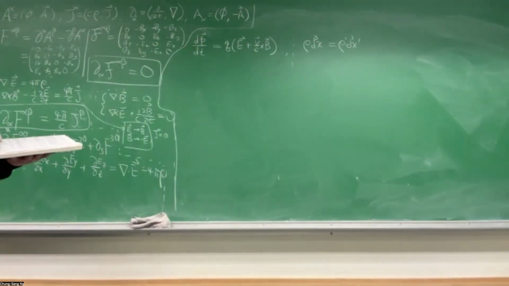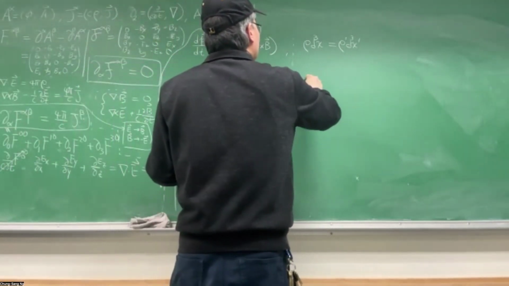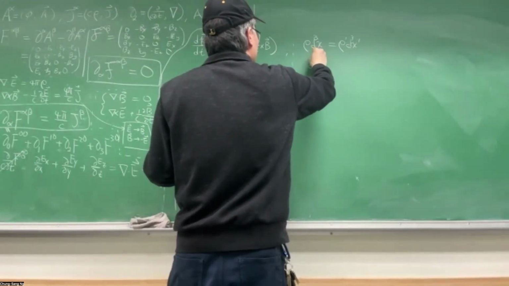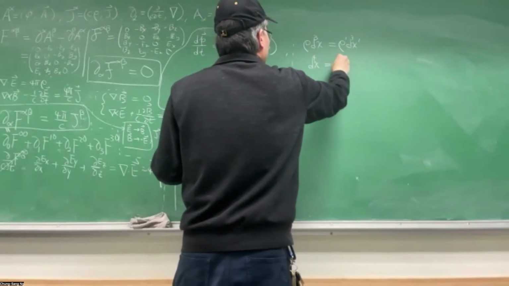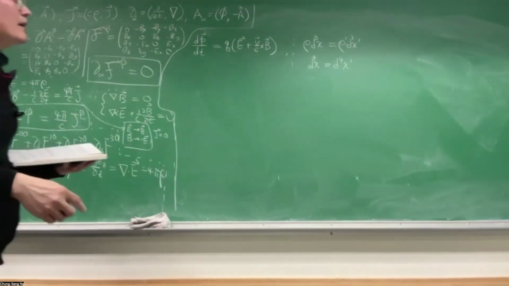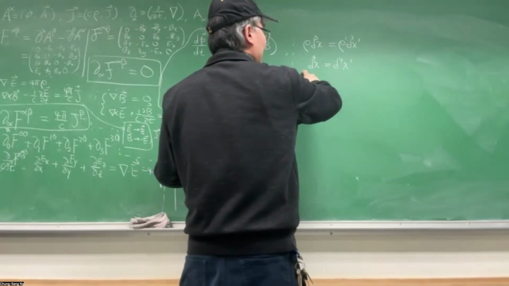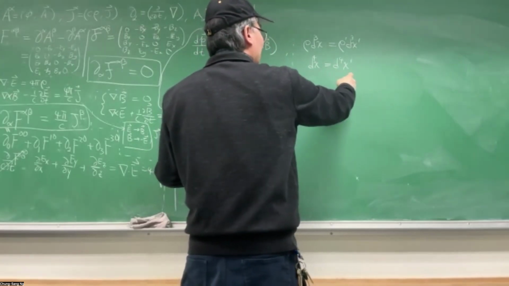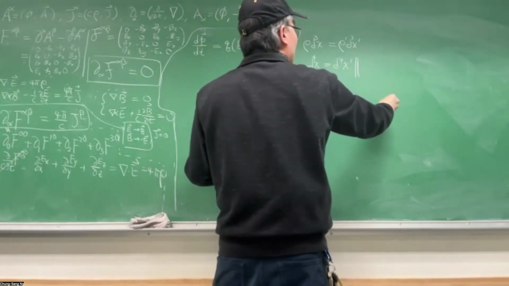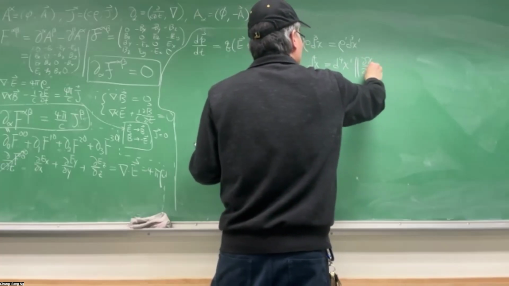The argument for that is that the four-volume elements are obviously the same. You have the four vector, right? The four-element of x equals the four-element of x prime. The reason is that changing x to x prime or x prime to x is basically changing the element by multiplying by the determinant of the transformation matrix. In this case, it's partial x prime over partial x.